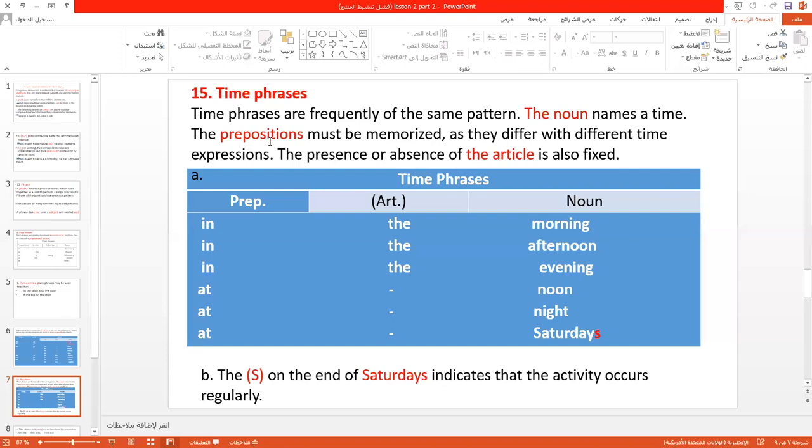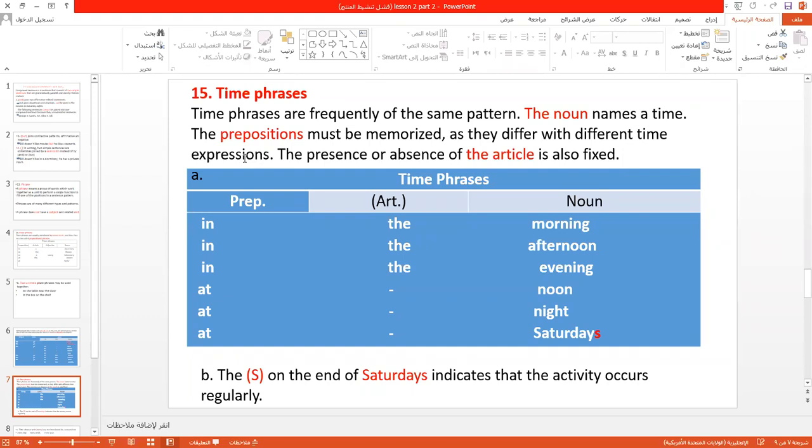The prepositions must be memorized. And they differ with different types of time expressions. The preposition may differ with different types of time expression.